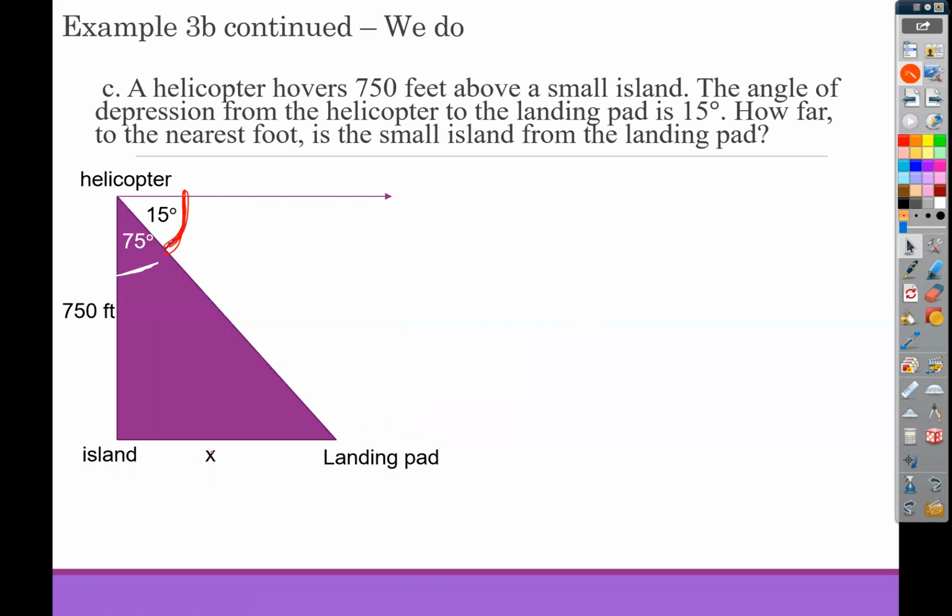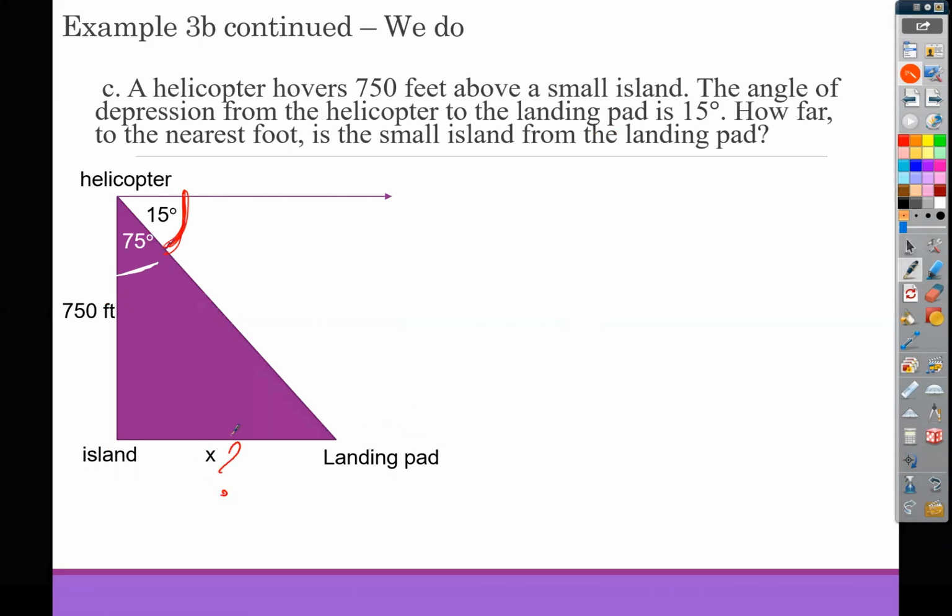So we're looking for this X right here. Now, if this angle of depression is 15 degrees, then I know this has to be 75 because 90 minus 15 is 75. And I know this is a right angle. So how do I find that? From this angle, this is the opposite side, and this is the adjacent side.